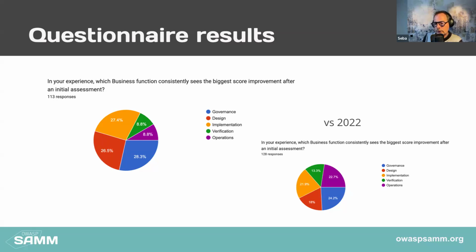In 22, that made up about 40%, but now you see that the overall improvement is by far in design and implementation practices, which is good because that represents what we call the shift left in implementing an SDL.